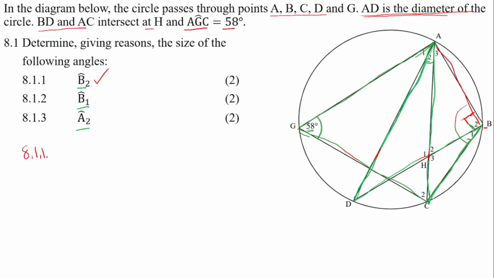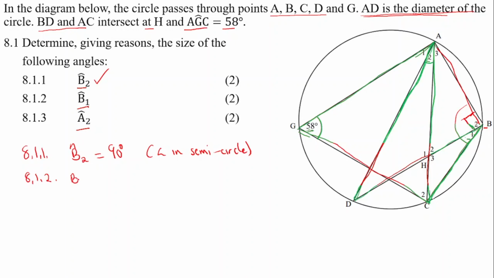811, we're saying angle B2 is equal to 90 degrees. Okay, this is the angle that is subtended by AD. So this is an angle in the semicircle. And then now we need to find angle ABC. And then after that we can easily find angle B1.